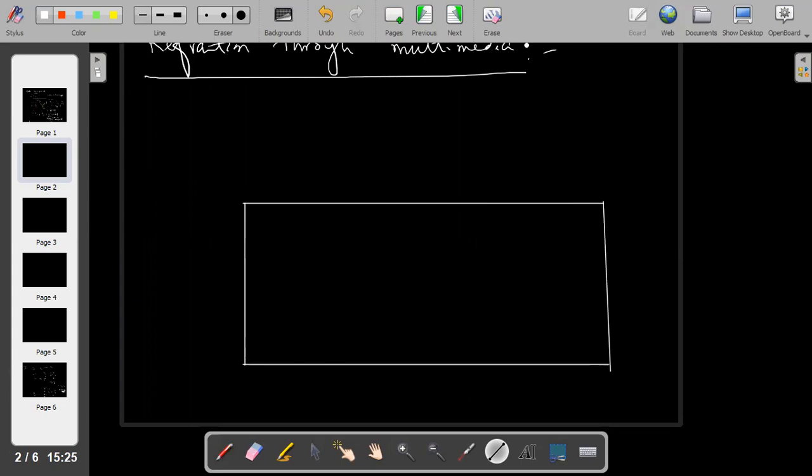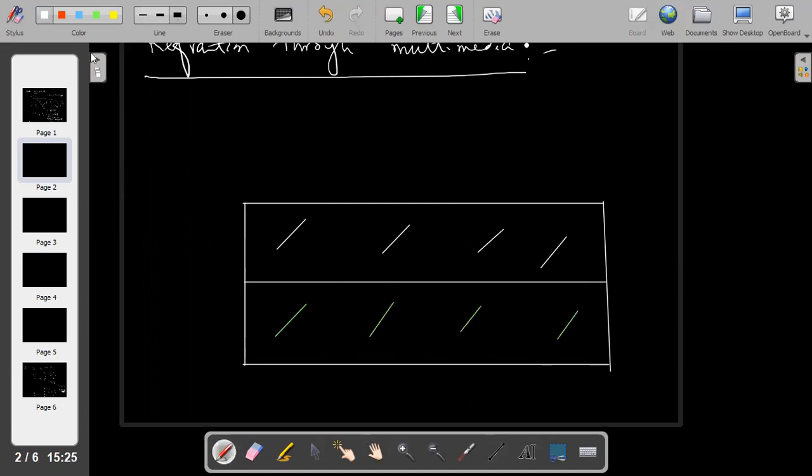Now I have to apply Snell's law. Three media are there. You see, this one is medium 2, and this one is medium 3. This is medium 1. This is medium 2. This is medium 3. Again, this is medium 1. And light is incident in medium 1. Then what will happen?